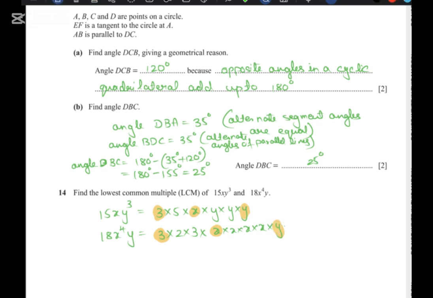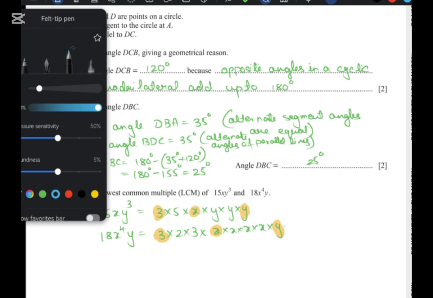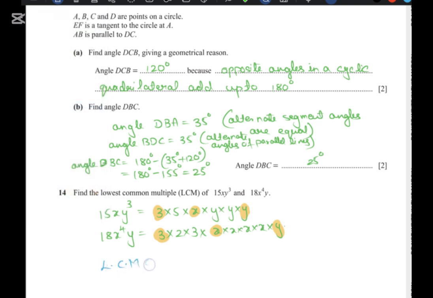So the LCM of 15xy cube and 18x raised to 4y will be 3 into 5 into 3 into 2 into x into x 4 times, and then y into y 3 times.